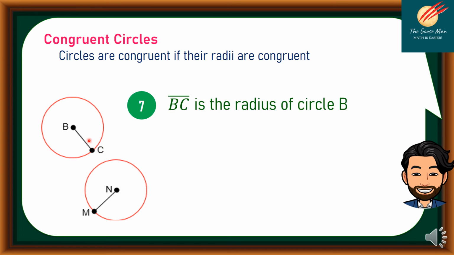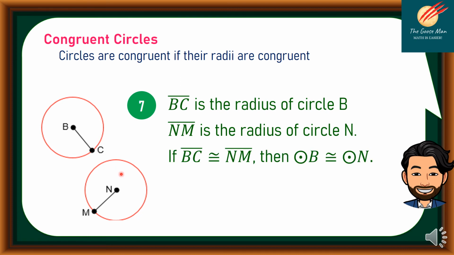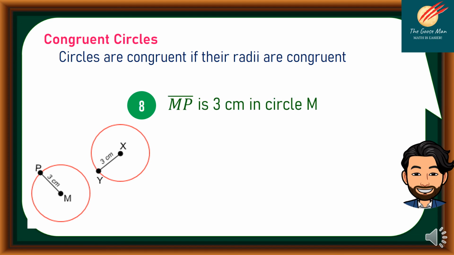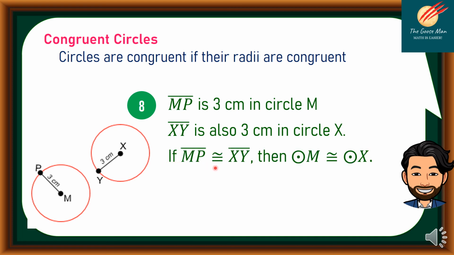Here, BC is the radius of circle B, while NM is the radius of circle N. We can say that if BC is congruent to NM, then circle B is congruent to circle N. Another example: if MP is 3 centimeters in circle M, while XY is also 3 centimeters in circle X, we can say that MP is congruent to XY, so circle M is congruent to circle X.